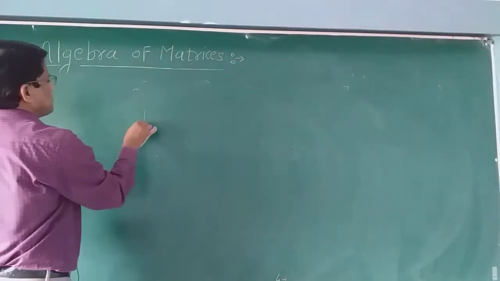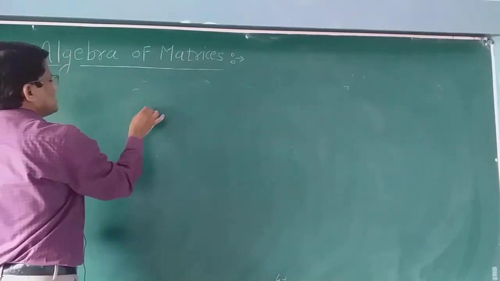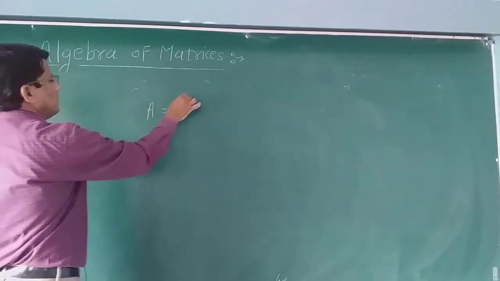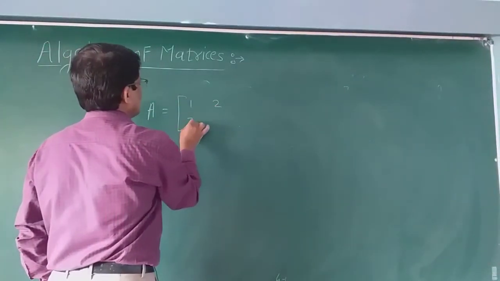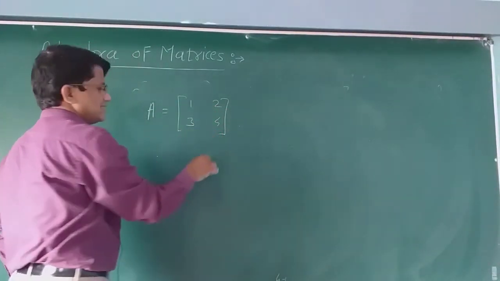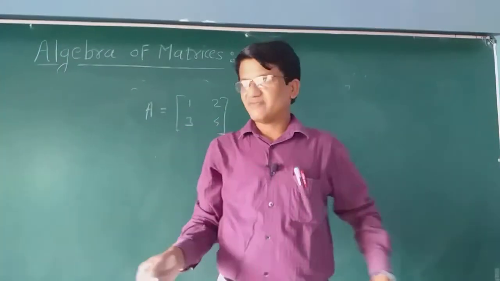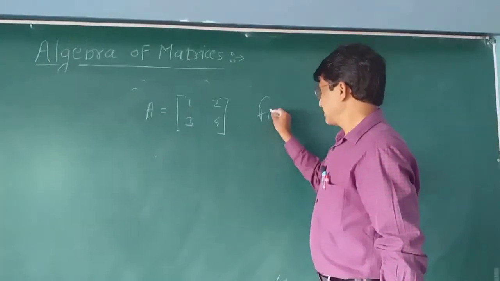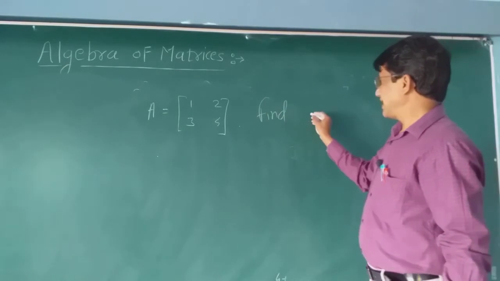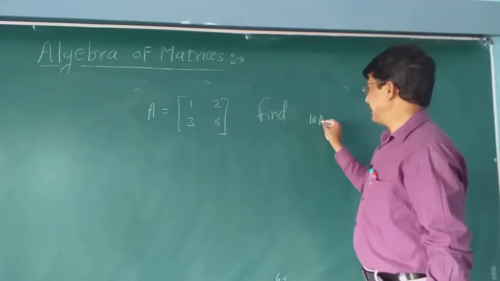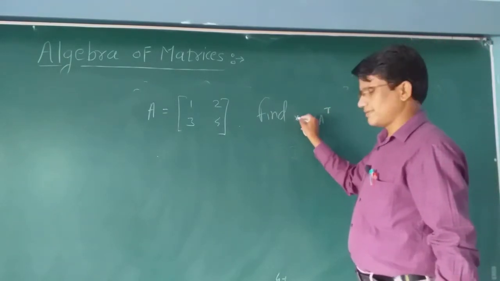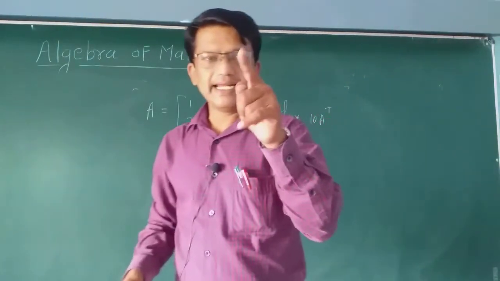Okay, let us see one more example. Suppose the example is given like this: if A equals the matrix 1 2 3 4, this is a matrix given, then find 10A transpose. Look here, find 10A transpose.